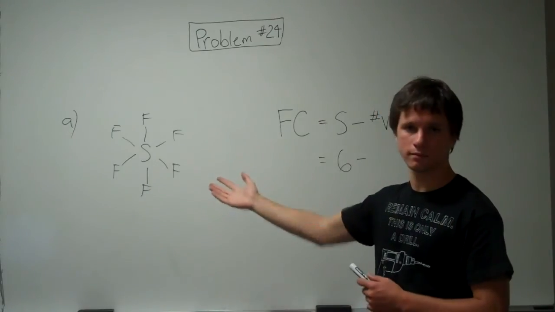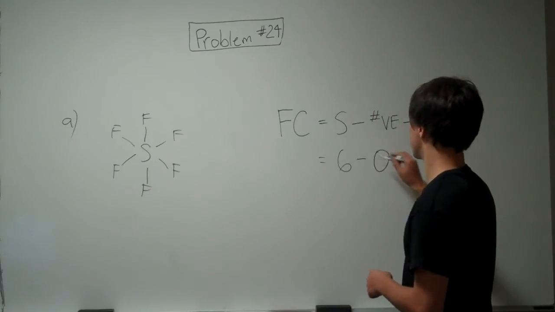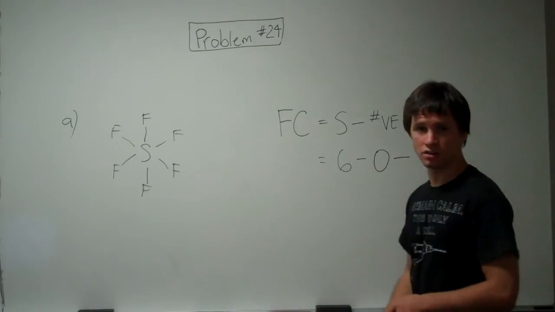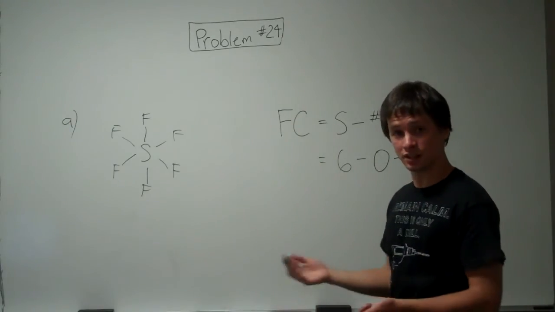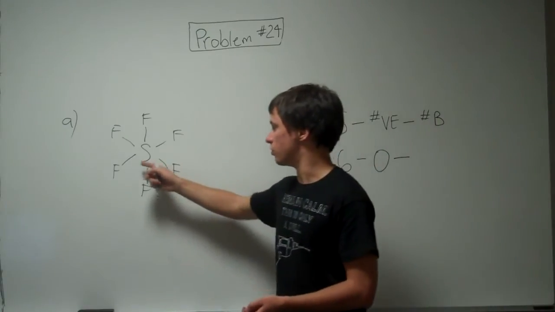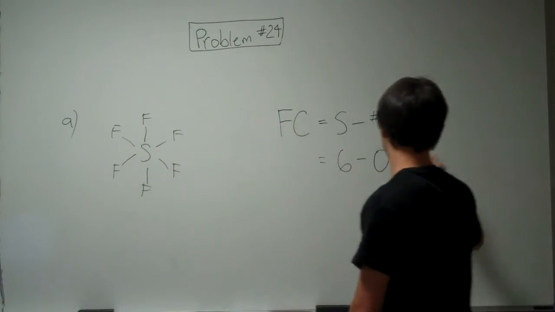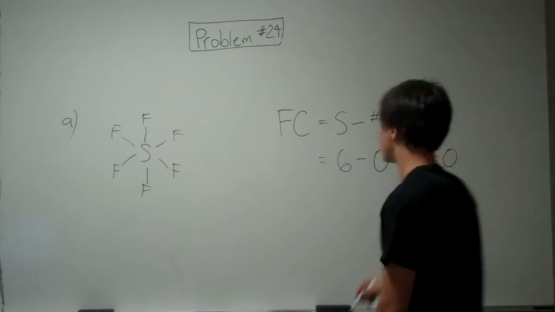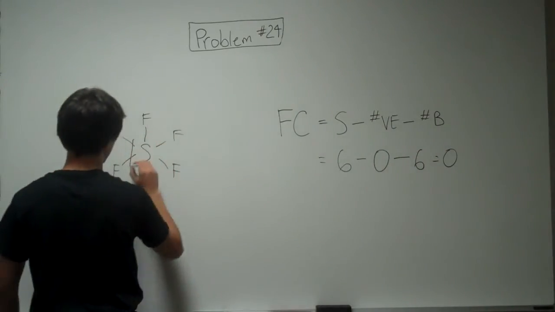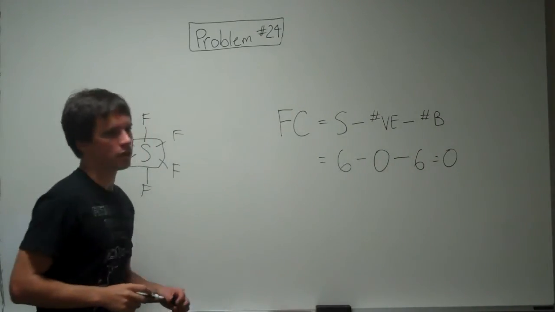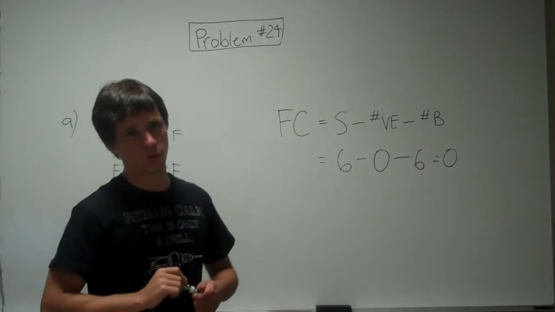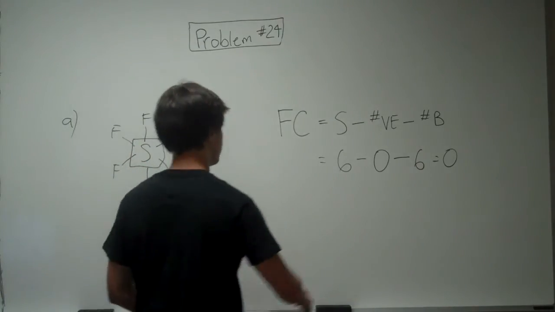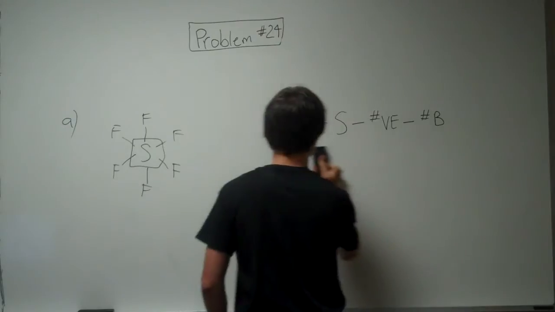There aren't any. So minus 0. Minus the number of bonds. There's 6 bonds because it's attached to 6 fluorines. 1, 2, 3, 4, 5, 6. So minus 6 equals 0. So the formal charge on this sulfur is 0. We're looking for one with positive 2, so our answer is not going to be A. Okay?